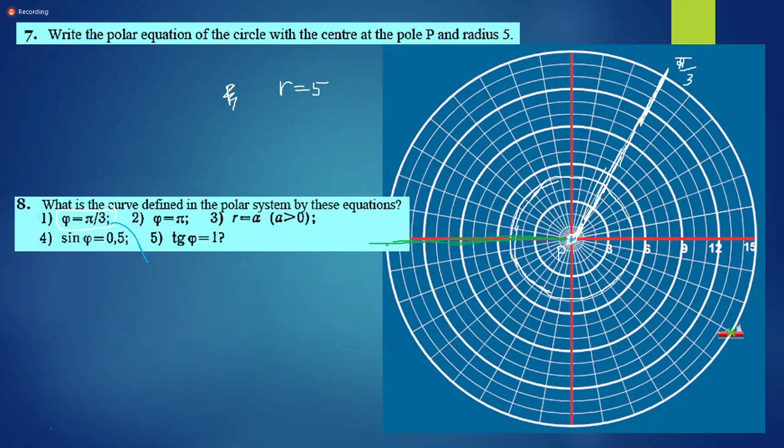Again, not counting the origin. r equals a. We already understand. It's a circle with the center at the origin and radius a. So this would be simply a circle centered at the pole or at the origin and radius a.